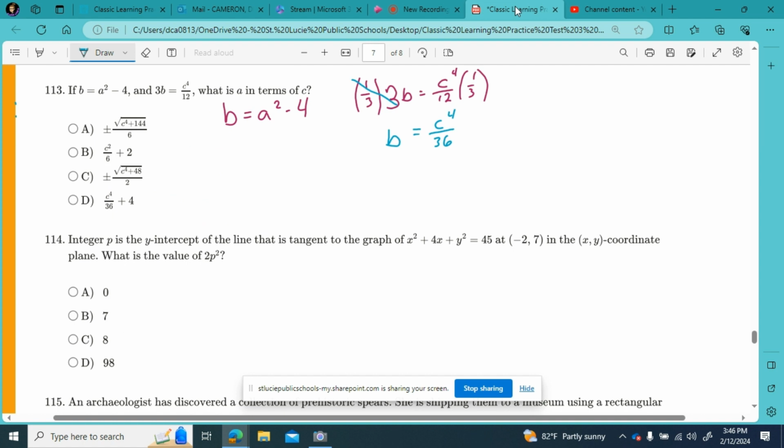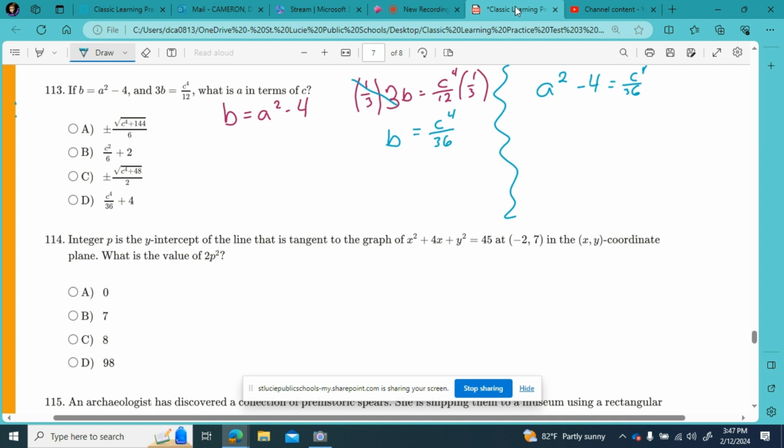Now I can substitute for the b's and put this equal to this for my next step. So a squared minus 4 equals c to the power of 4 over 36.